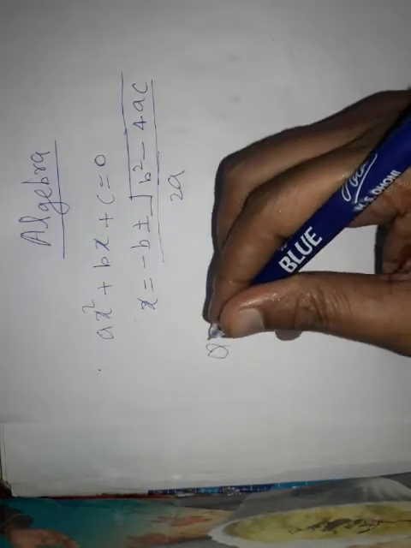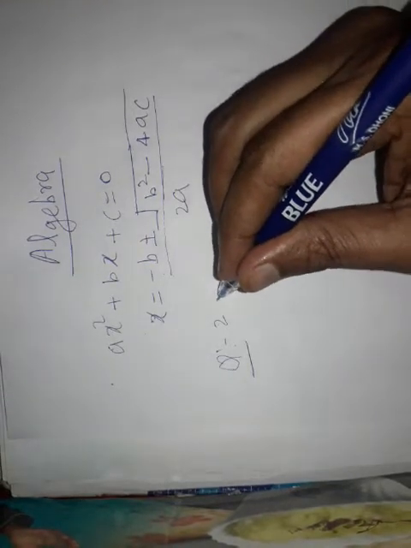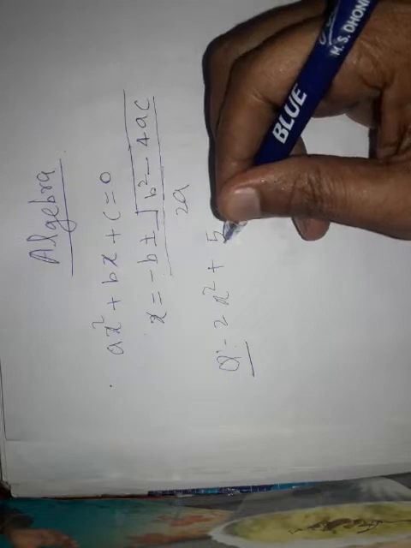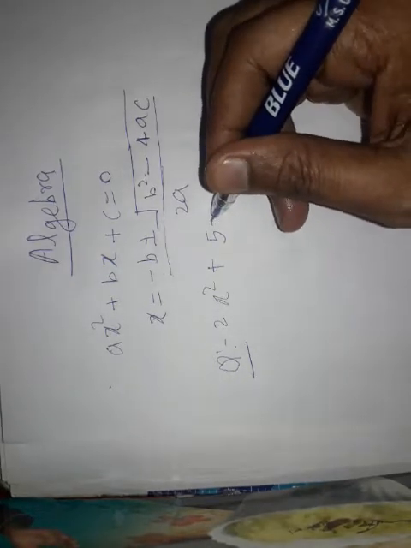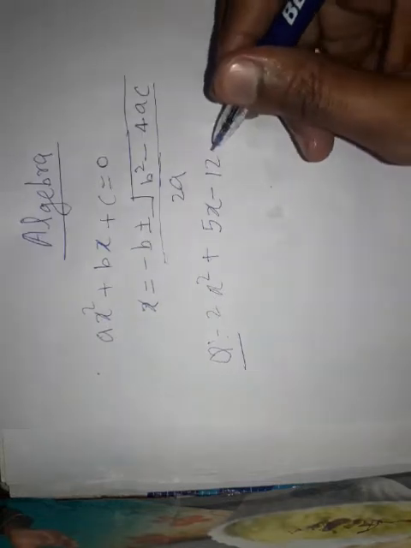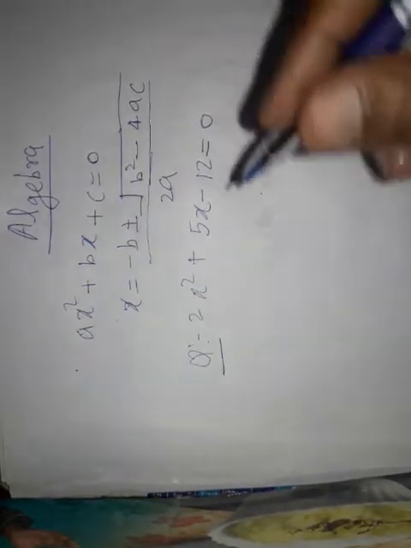Question: 2x square plus 5x minus 12 equal to 0.